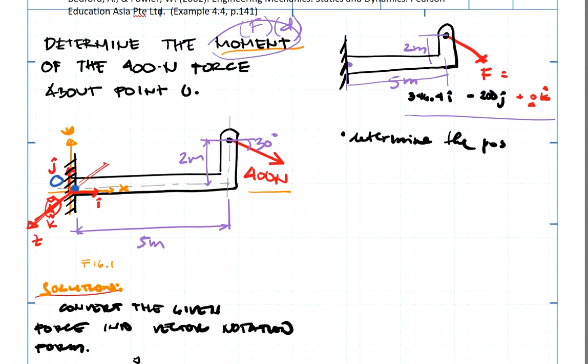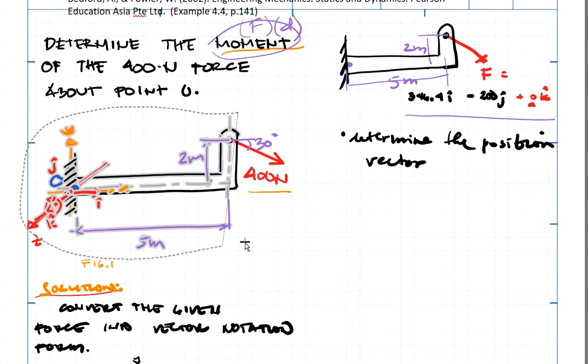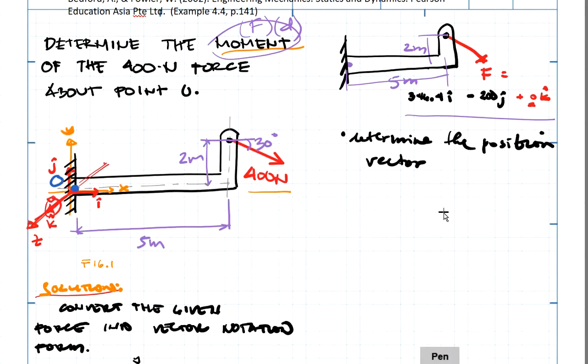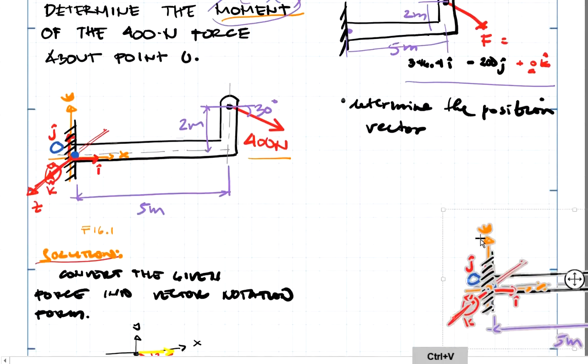The position vector is just the vector that is, so let me copy first this figure, since this figure is much better than my drawing.